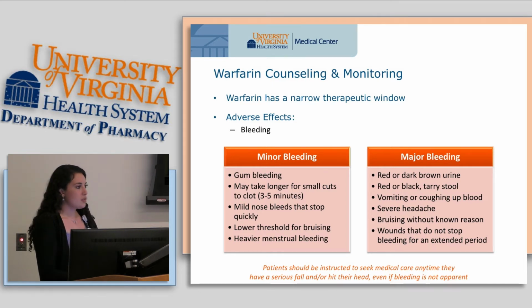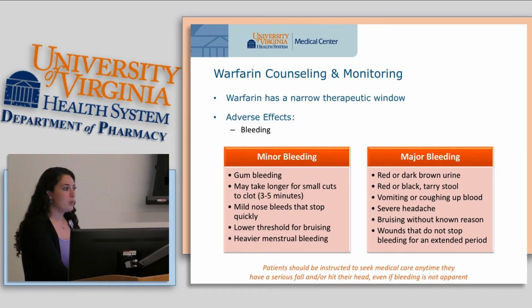Most of those things would all be normal side effects that you would see just because we're thinning the patient's blood. But if they're telling you that they have red or dark urine, blood in their stools, maybe dark tarry stools, if they're vomiting or coughing up blood at any point, or are expressing severe headaches, as well as the bruising for unknown reasons, as we were just talking about, then this is the time we probably want to send them in.